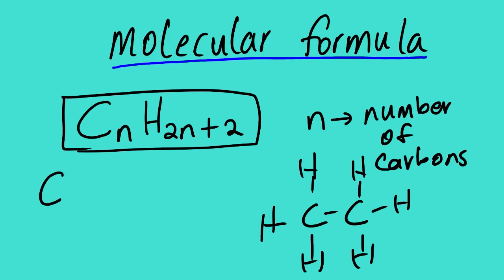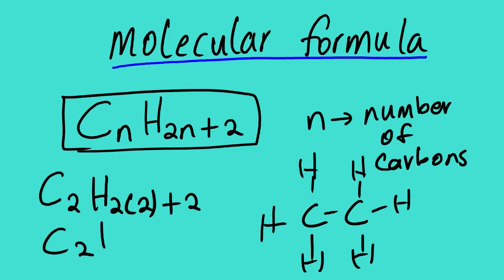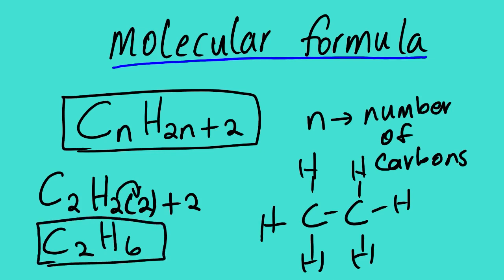So we have C2H(2 times 2 plus 2). 2 multiplied by 2 is 4. 4 plus 2 is 6. So this is how we derive the molecular formula of ethane from this general formula of alkanes.